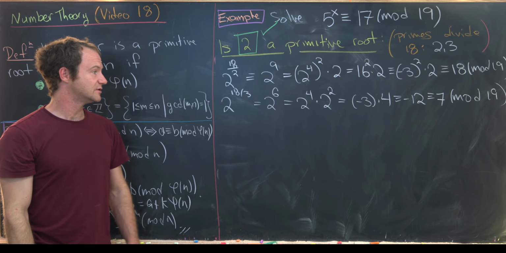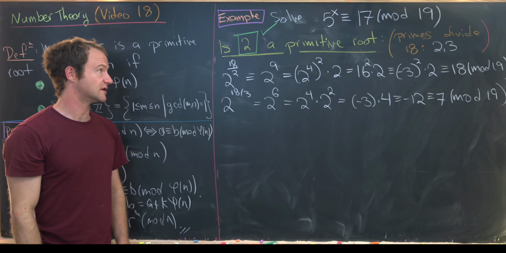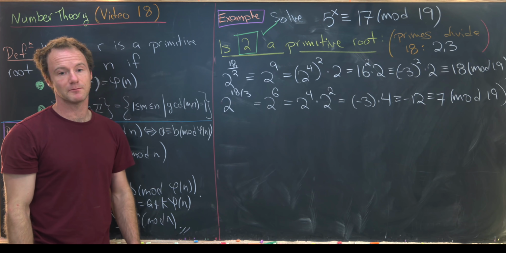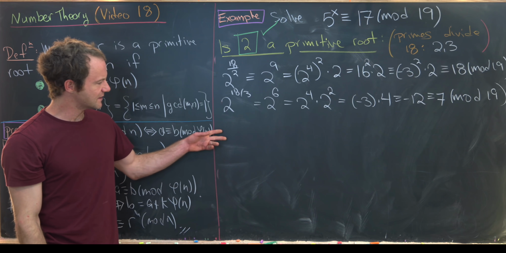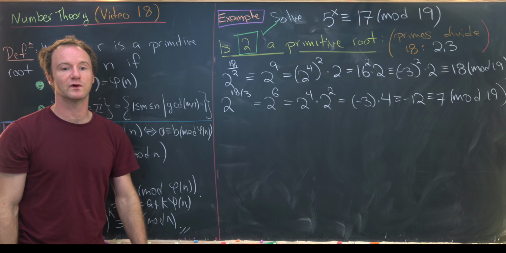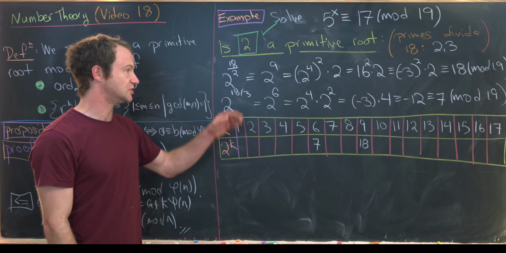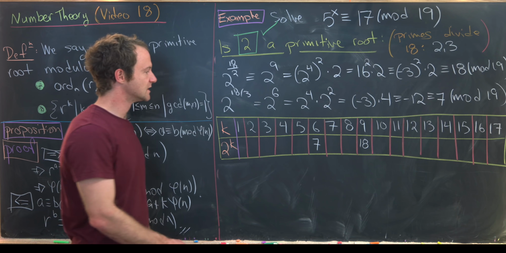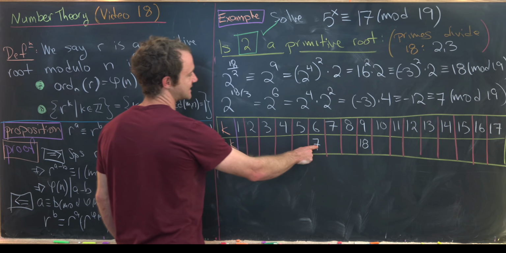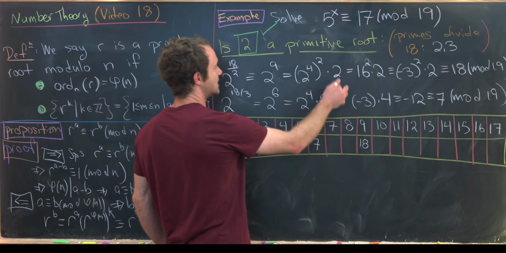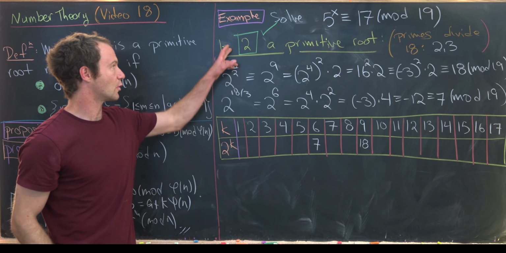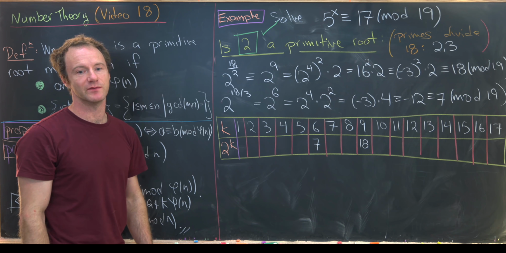So the next thing to do is probably to make a chart of all of the powers of 2 mod 19. So let's get the bones of the chart on the board right here, and then we'll fill it in. So I got the skeleton of the chart of powers of 2 mod 19 on the board. Let's notice that we know 2 to the 6 is 7 and 2 to the 9 is 18 by what we calculated up here while testing if 2 was a primitive root.